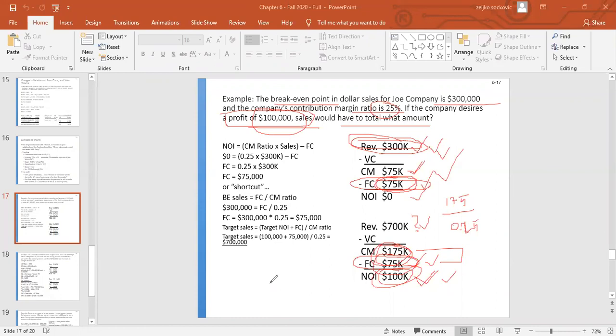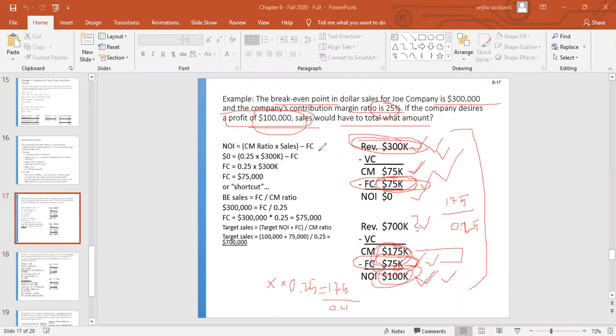Well, 700. So you might say x times 0.25 is equal to 175. Then x is equal to 175 divided by 0.25. Right? You can do it. So that's doing it through the contribution margin format.